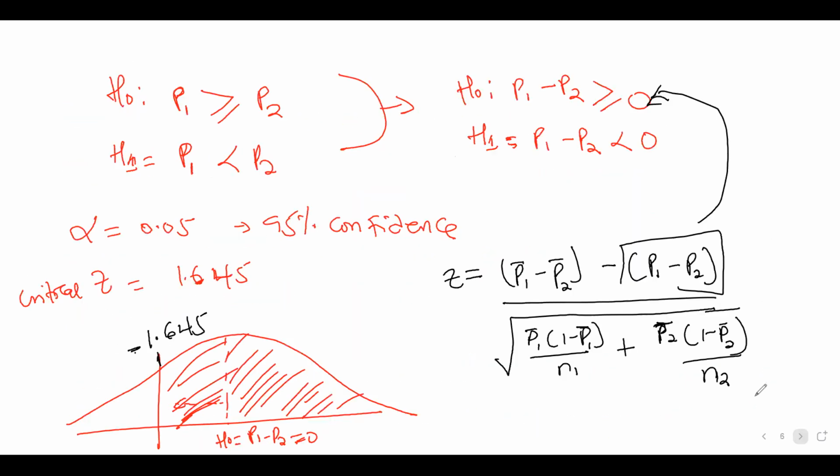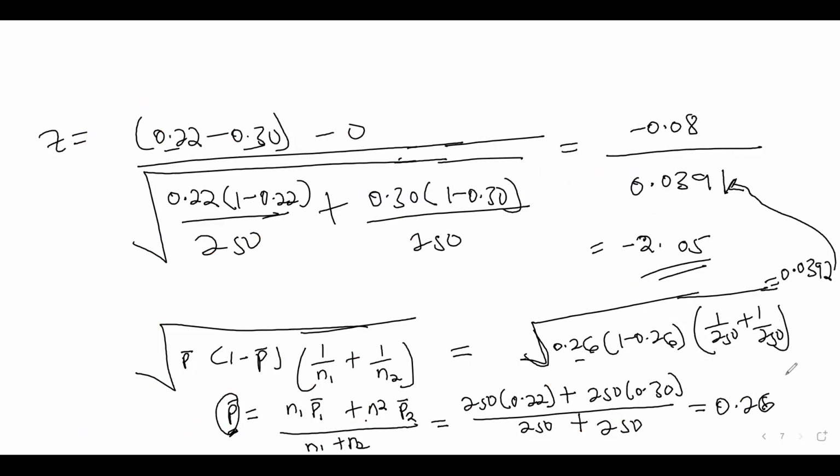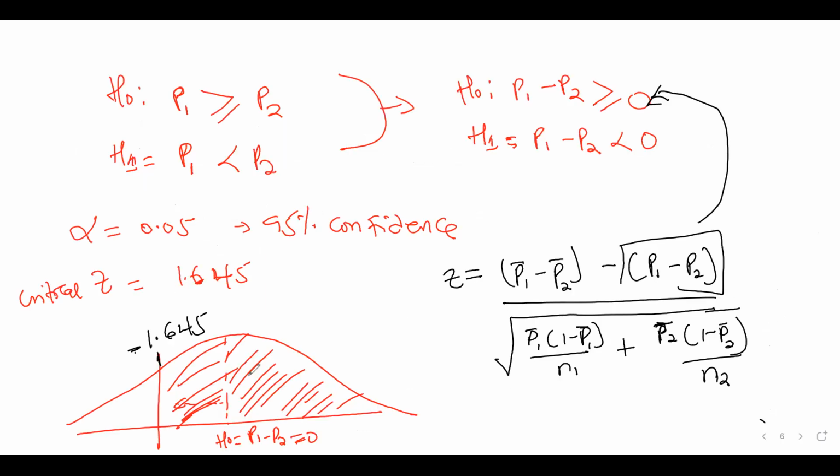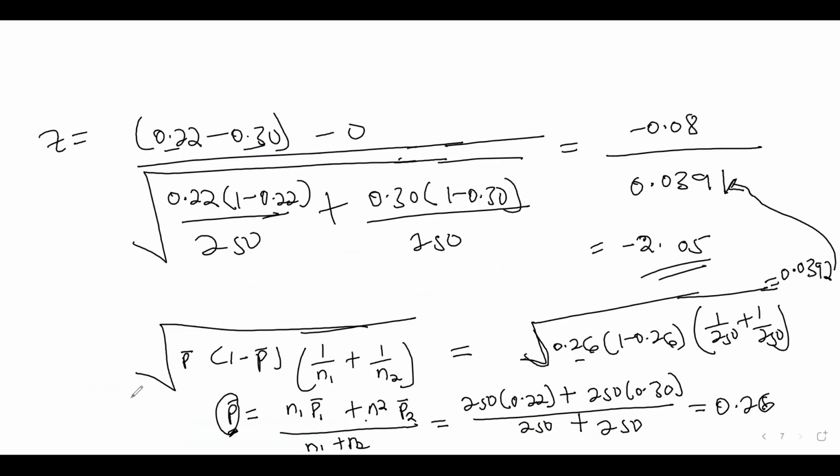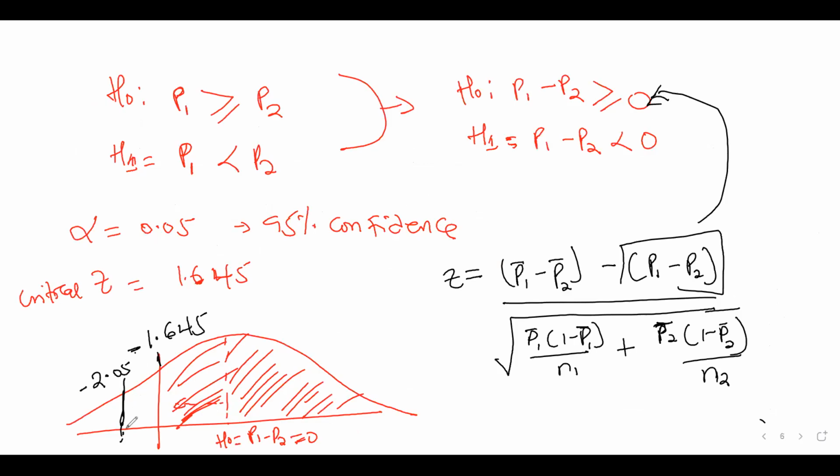Okay, now, whatever approach we used, we are having a Z value of negative 2.05. So when you bring it into our curve, negative 2.05 will be somewhere here because it is more negative than negative 1.645. So since it falls into the rejection region, we are going to reject it, all right?